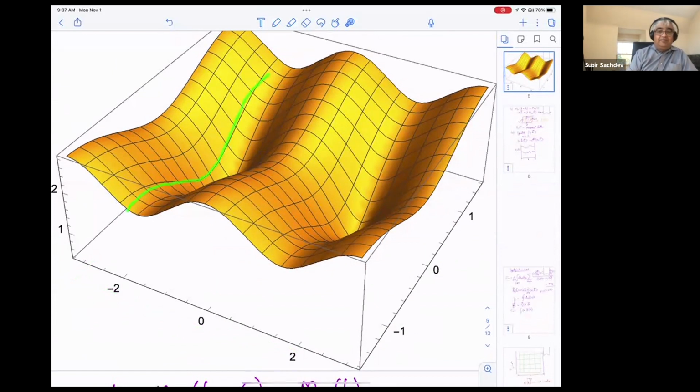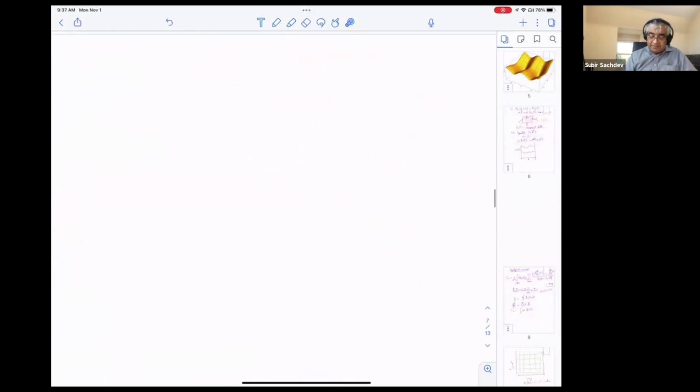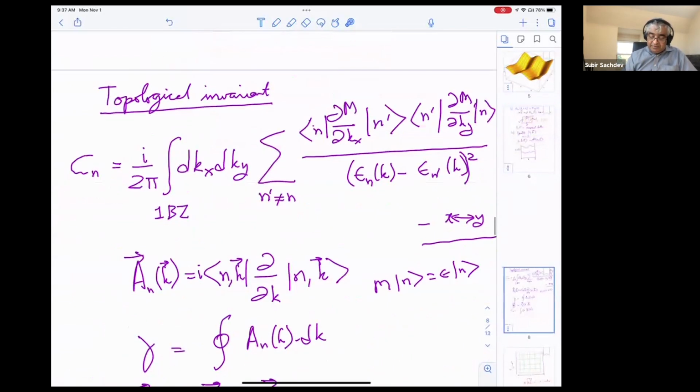Because my direction is finite, there'll be some discrete set of eigenvalues, but there'll be all of these eigenvalues, and similarly at every point. So what I'll end up seeing, where's my picture?